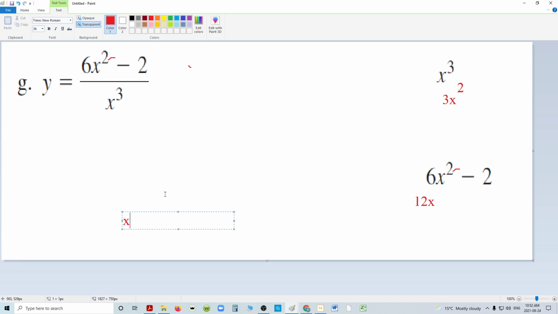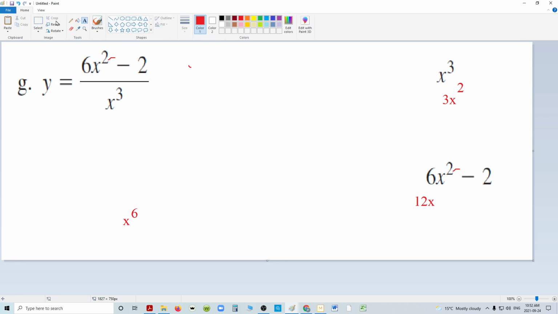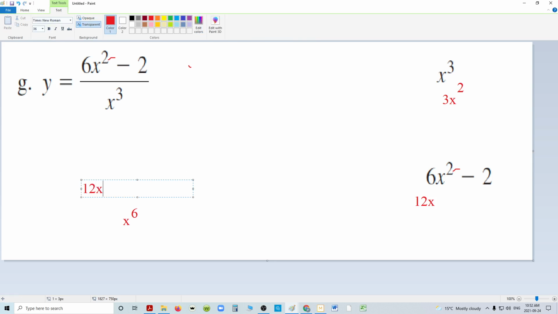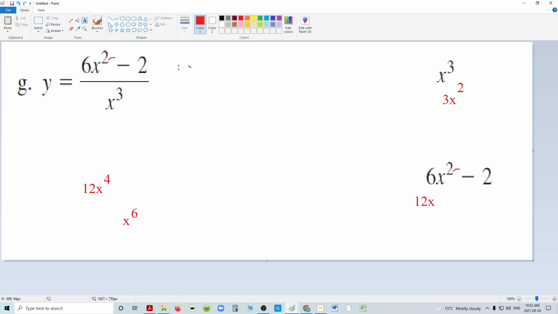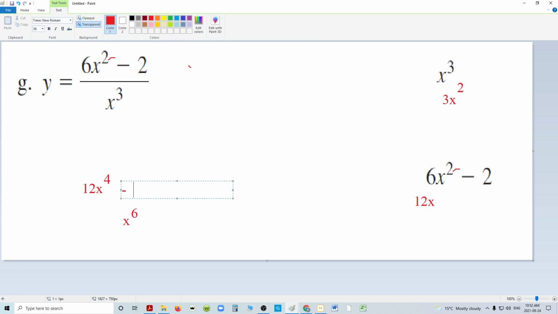So on the bottom I'm left with x. What's the square of x cubed? x to the 6. I have to multiply the original denominator by 12x. So I'm going to get 12x to the 4. Now I have to subtract whatever I end up with in the bracket.